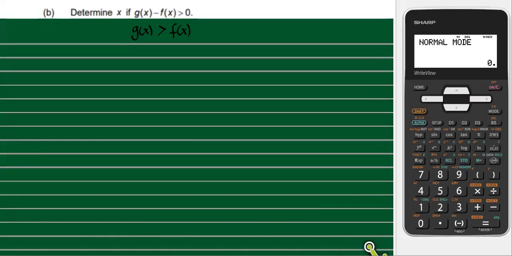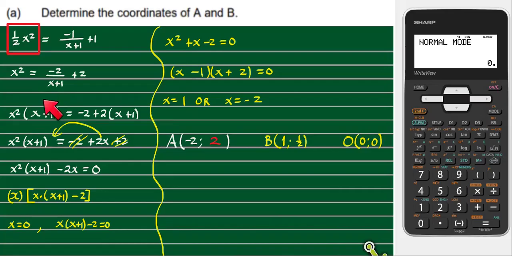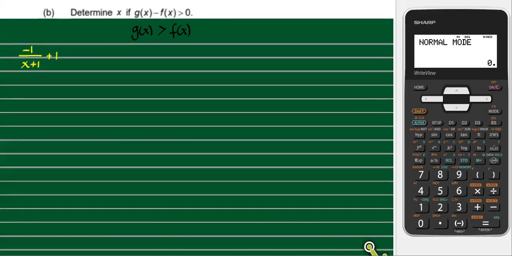You don't even need to go to the graph. You say, okay, what is g of x? It's minus 1 all over x plus 1, plus 1. You are basically repeating this. You're going to end up with the same thing, but with greater than, less than. I just want to prove the point. I said it's greater than half x squared.